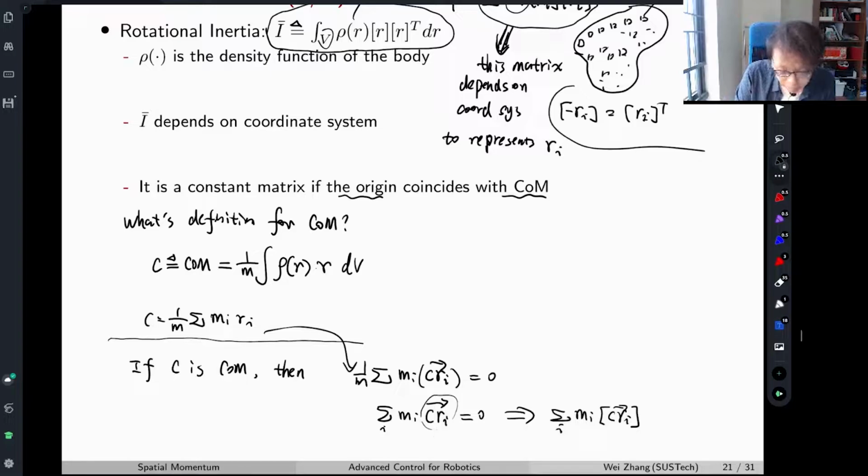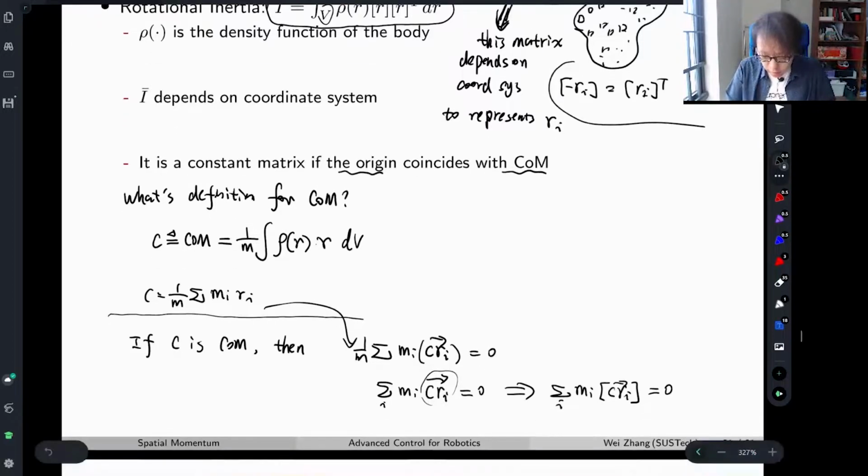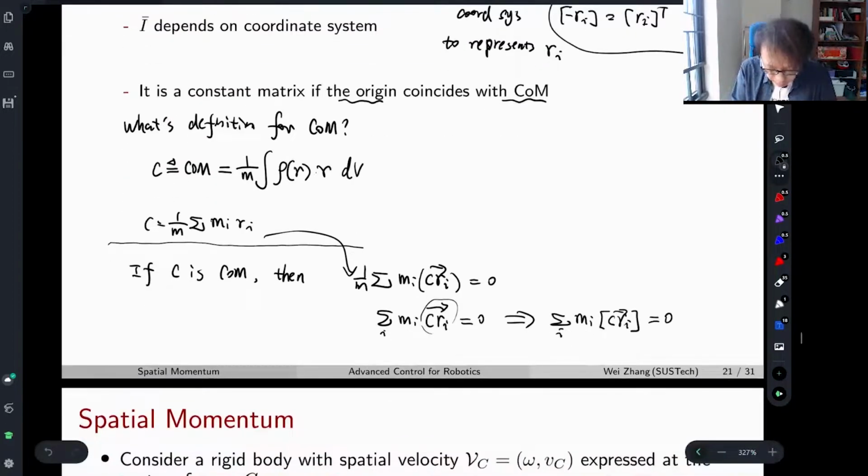This is an R3 vector, and it will generate a skew symmetric matrix. Because this is a linear operation, it can be easily verified. Any questions?